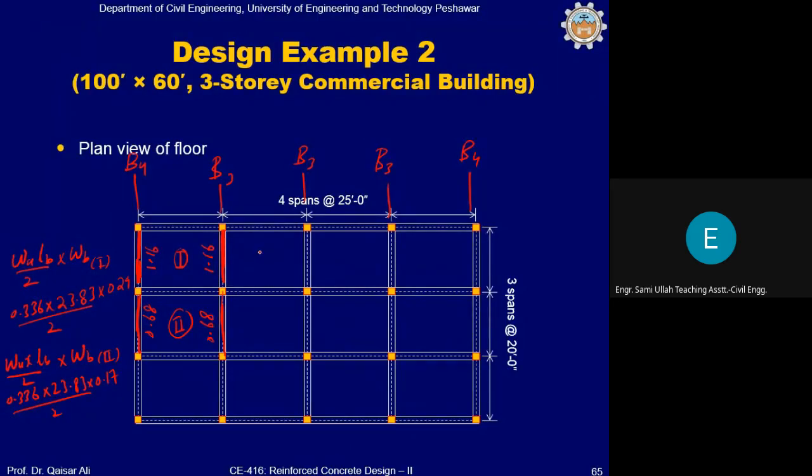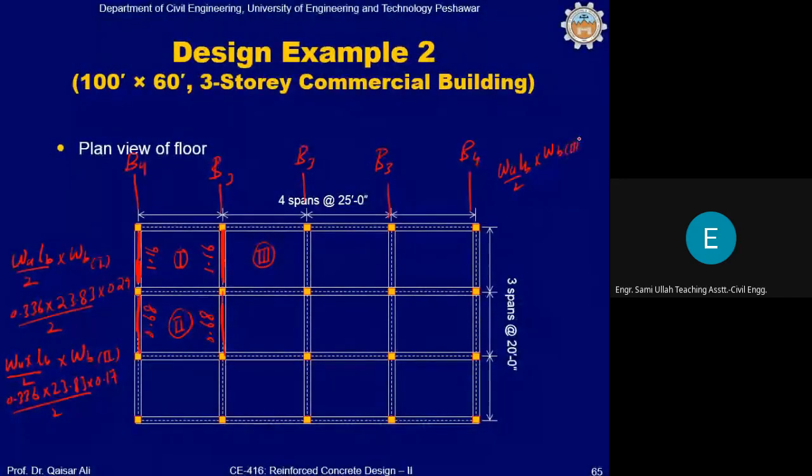Similarly, load transferred from panel 3 to B3 beam, it will be equal to how much? Very simple. WU LB divided by 2 multiplied by WB of panel 3.